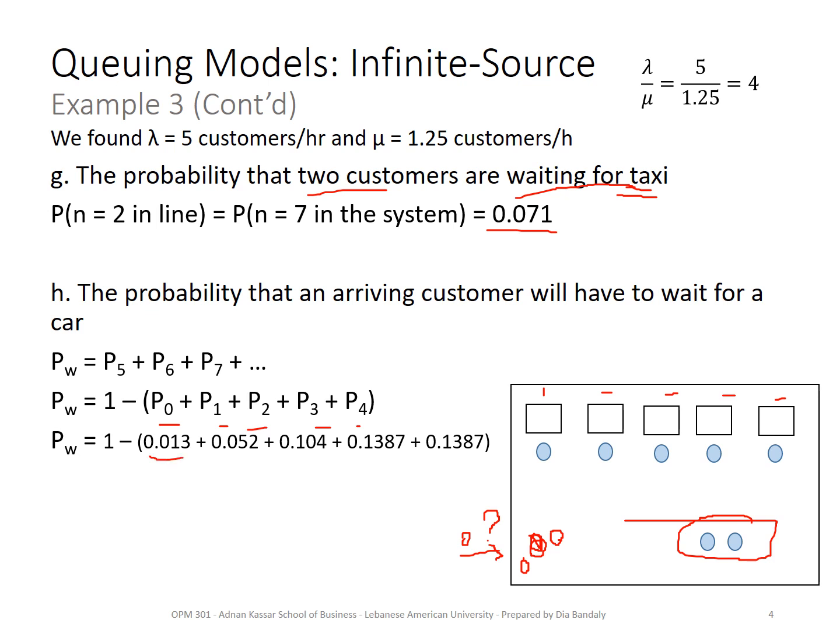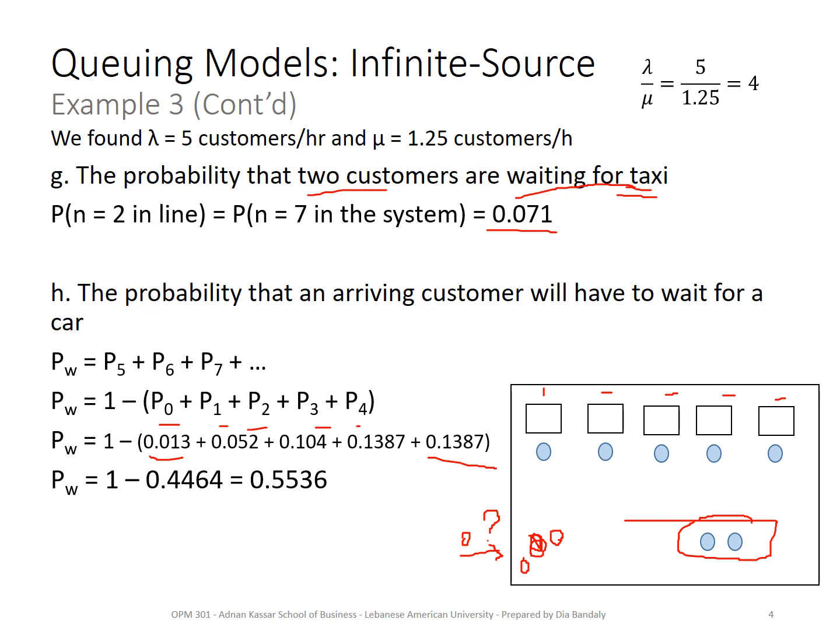P0 we got from the table, and P1, P2, P3, P4 you find using the simpler probability formula, because all these cases have n smaller than capital M, which is 5. And this will be our final answer.